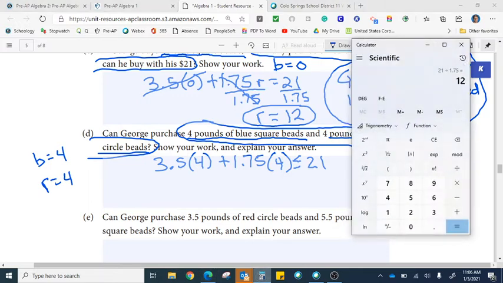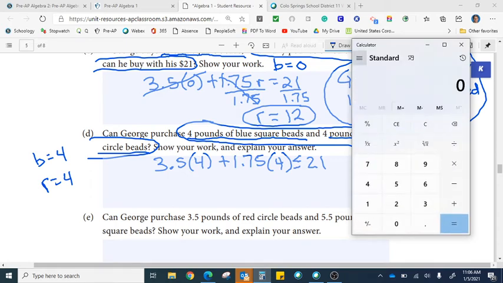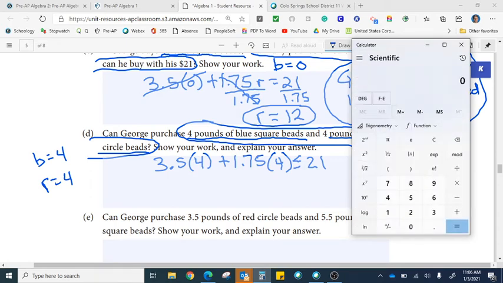So when I work this out right here, notice this is a scientific calculator, okay? So if I go to this right here, there's a standard calculator, looks like that. I click on this, it's a scientific calculator. So I can do this whole thing in one step, okay? So I can just type in here 3.5, and then I put parentheses 4, or wait a minute, what I'd have to do I think is multiply it to clear that all out.